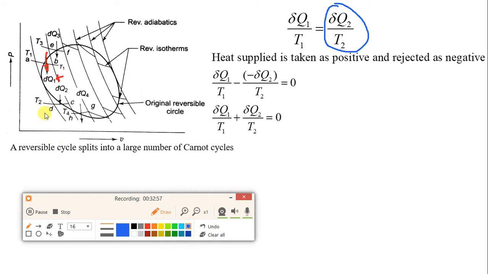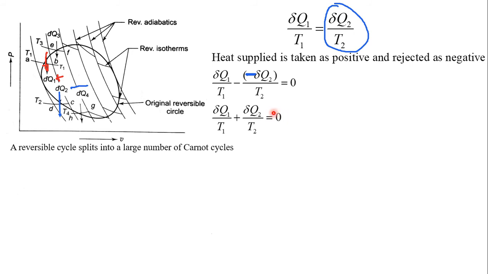And delta Q2 is heat rejected from the cycle, so with this sign convention delta Q2 will be negative. That is why I am introducing a negative sign over here. So the original negative and this negative will become positive. So delta Q1 by T1 plus delta Q2 by T2 is equal to 0. This equation you will get. I hope this much is clear.